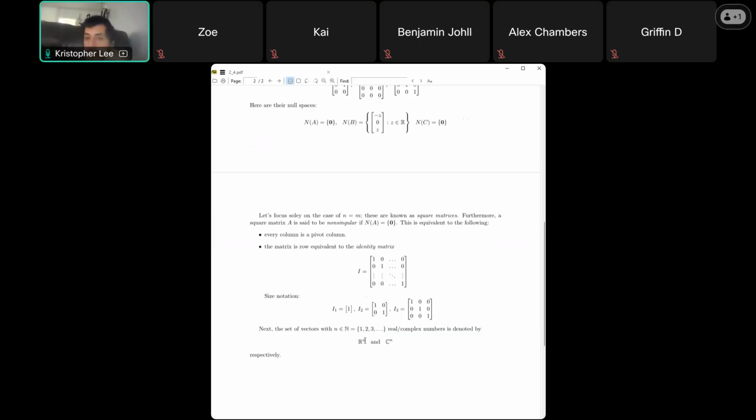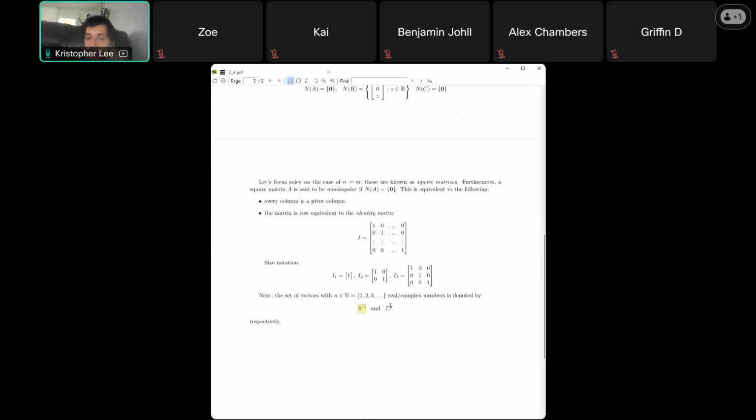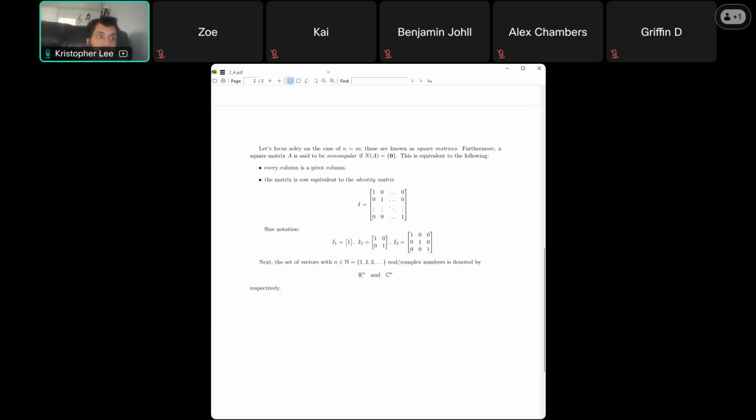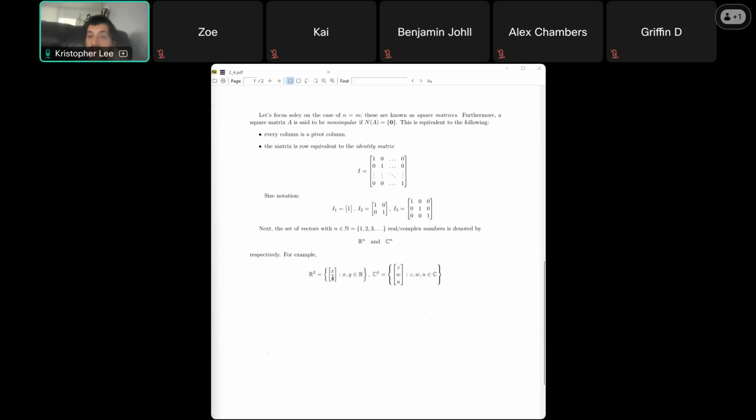Okay, so as mentioned, we're primarily going to be hanging out with the real numbers, but every so often we've got to call on our friend the complexes, because there's a problem that the reals can't solve that the complexes can. Now, to make things a little bit more concrete, R2 is the set of vectors of length 2 with real numbers.